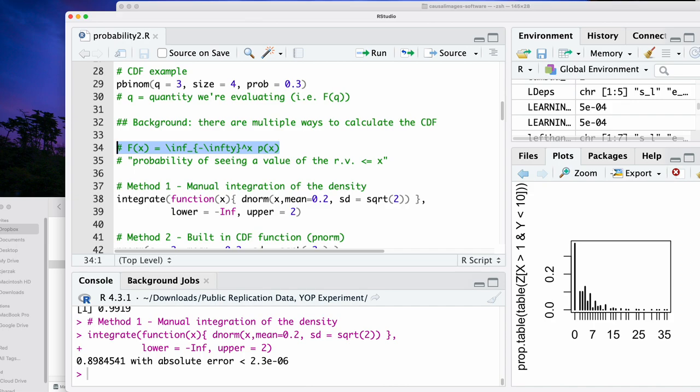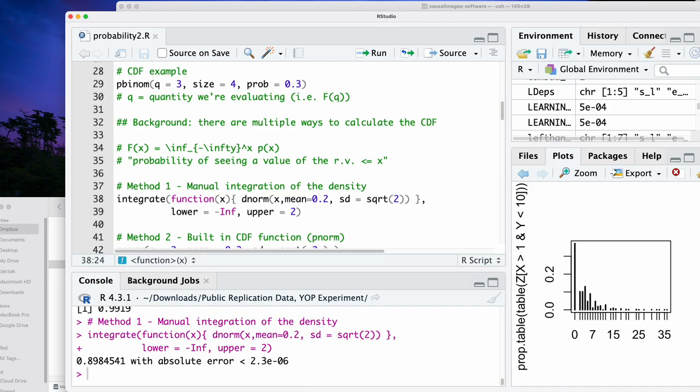So instead of just taking a sum here, sum here, sum here, we do exactly the same thing, but now those sums become infinitesimally small, and we have infinitely many of them, and that sum turns into an integral. So it's a sum turning into an integral, and this is another way of characterizing the CDF, and that's something we'll talk about in the probability inference part of the course.